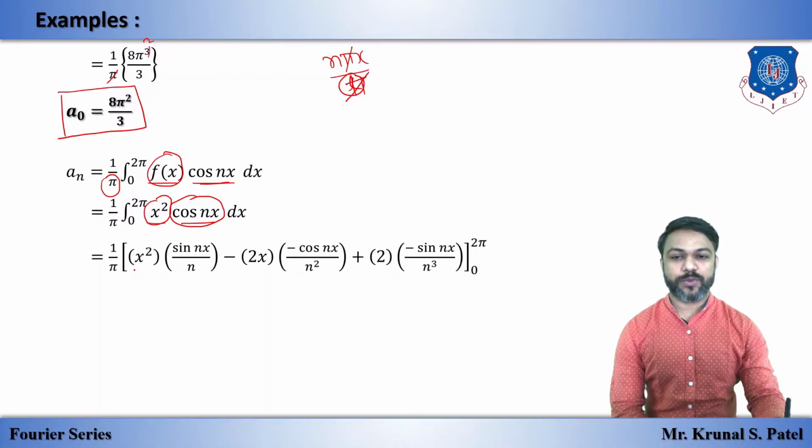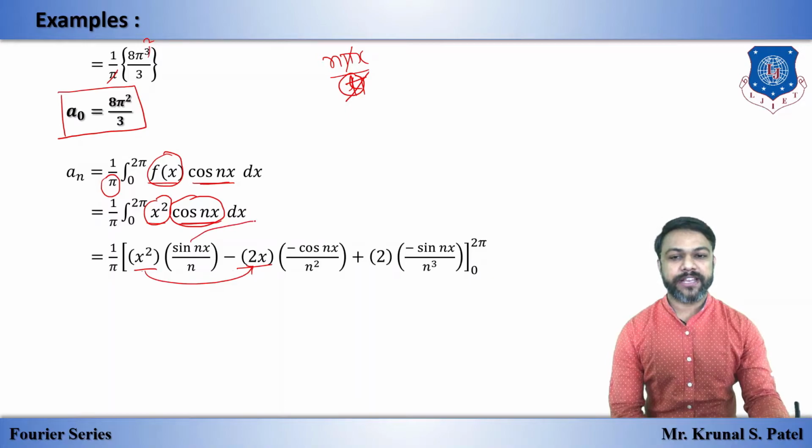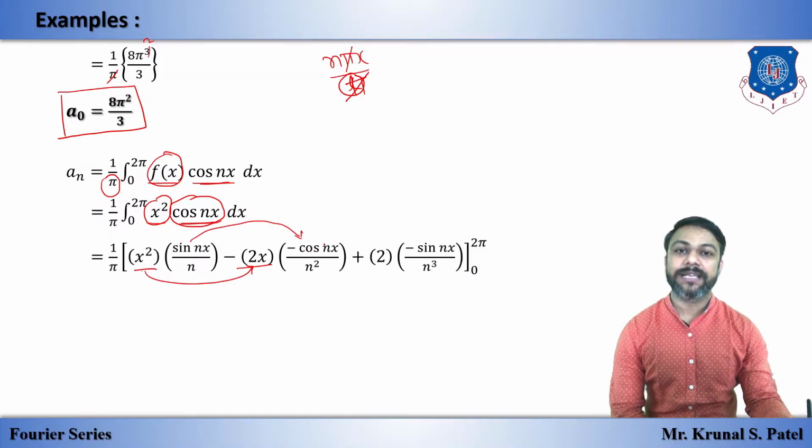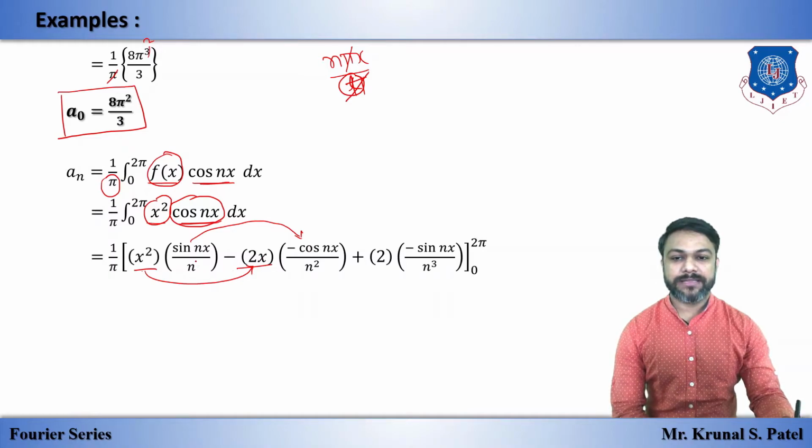So first, x square as it is, integration of cos nx is sine nx divided by n, the coefficient of n we take in the denominator, minus differentiation of x square. Differentiation of x square is 2x, and again integration of sine. We know that integration of sine is minus cos nx divided by n, and this n is there, so n into n is n square.